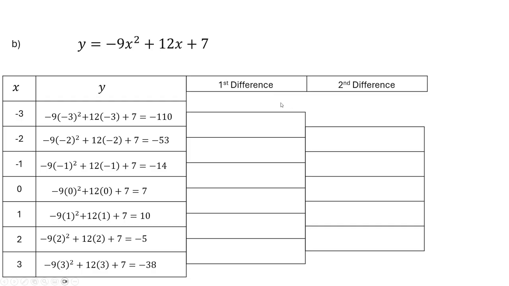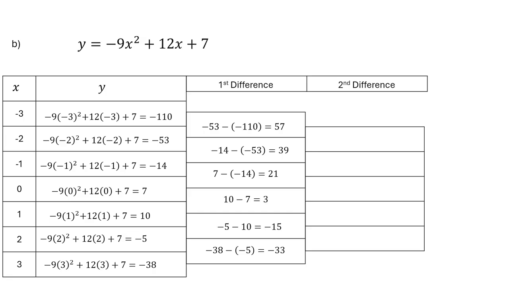Now we're interested in these differences. -53 minus -110 gives us a first difference of 57. Do that for the next one, and the next one, and we get a whole series of first differences. The first differences are all different, so we know that the equation is not linear.